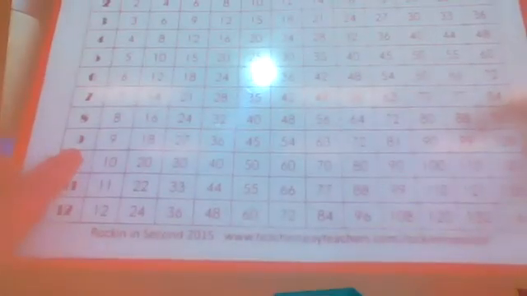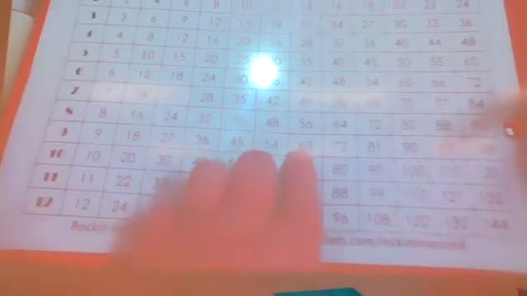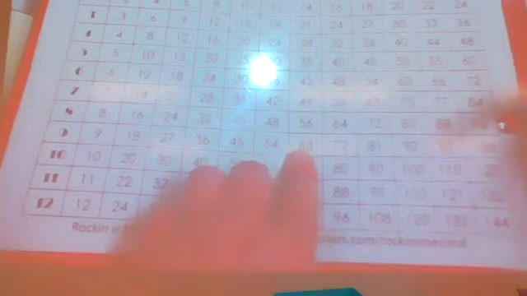Okay, so let's look at my 9 row. I'm going to look at 9 and I'm going to go all the way across. What's closest to 63? I found something right on 63, and it is a 7. We didn't have to go below or above because I found something right on 63.